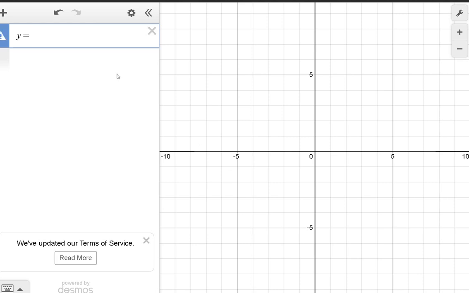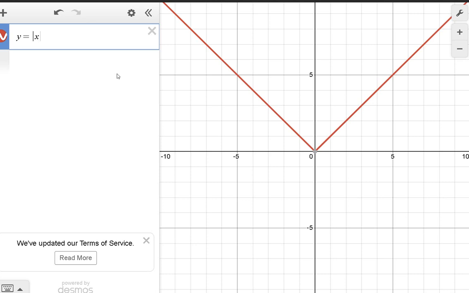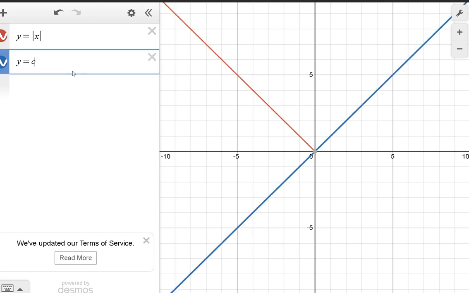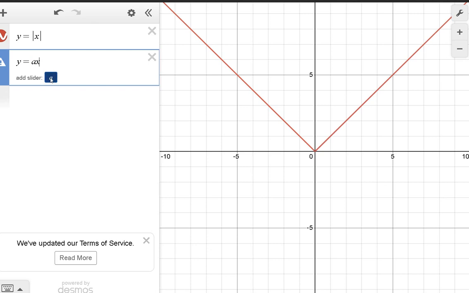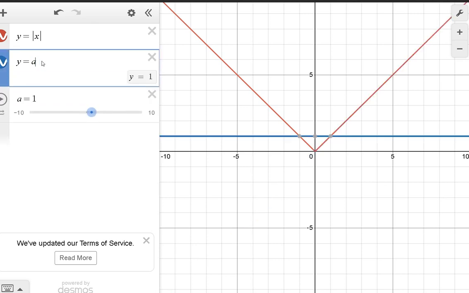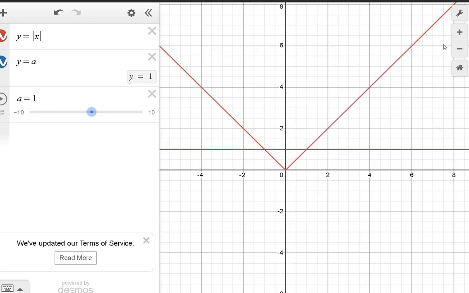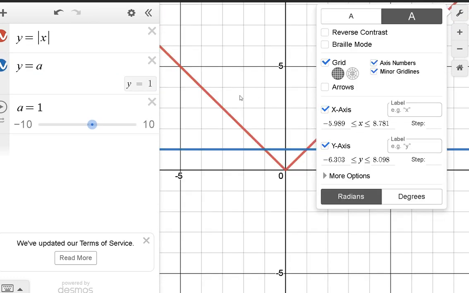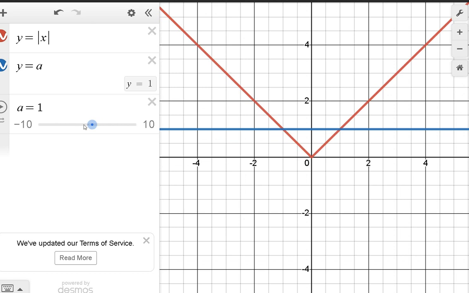We've got y equals the absolute value of x for one graph, and then let's do y equals a constant, let's just make that a. So a lot of the times when you're solving these types of problems, you'll get two solutions, right?